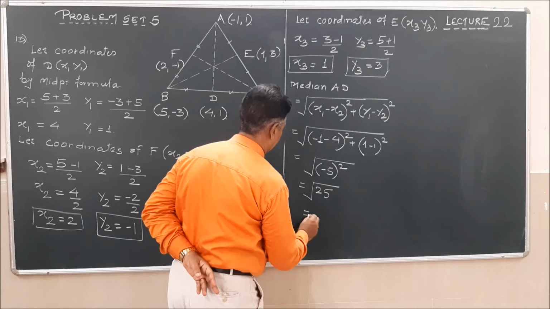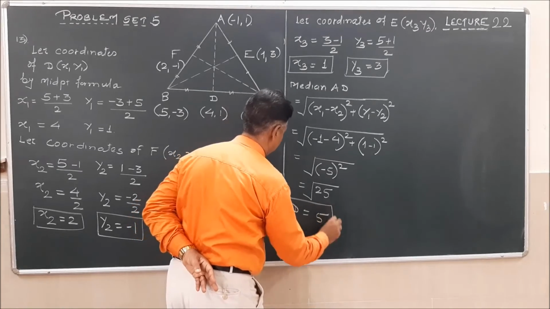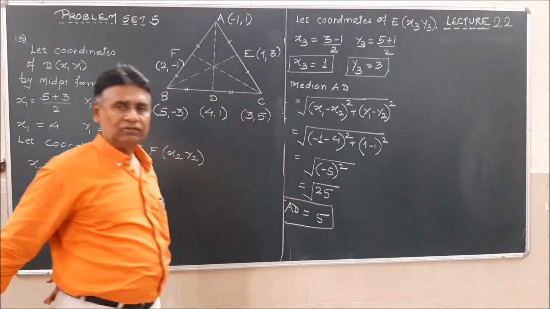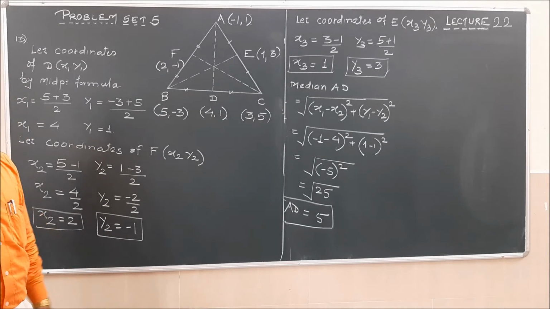It's 25. So AD is 5. Length of AD is 5 by distance formula. Very easily we got the length of AD.